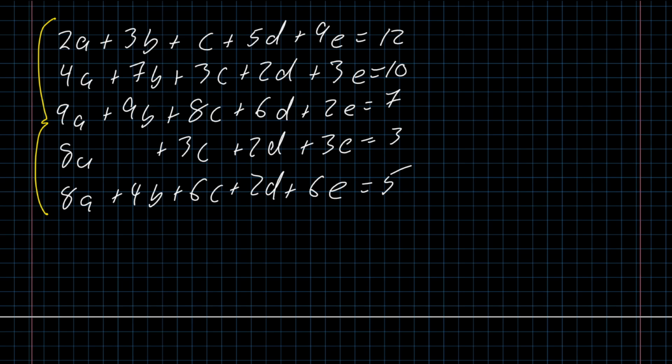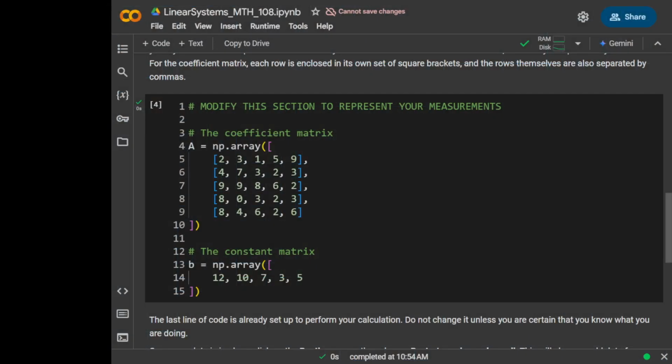If I jump back over to my Jupyter notebook, we can type all of this in. Again, remember, we want to look at the coefficients. So that first equation was 2a plus 3b plus c plus 5d plus 9e equals 12. The coefficients were 2, 3, an implied 1, 5, 9.